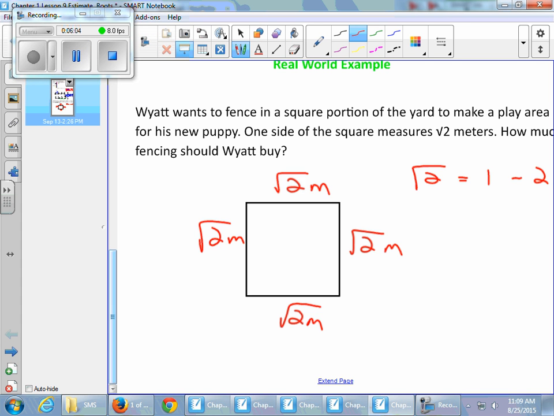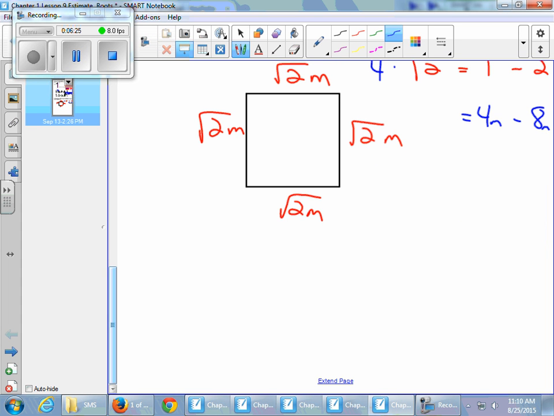We need 4 of them, so we're going to multiply everything by 4. So for our fencing, we're going to need somewhere between 4 and 8 meters. That's quite a lot of extra to buy if we don't want to, depending on the price of fencing. So let's see if we can estimate a little bit closer for Wyatt.